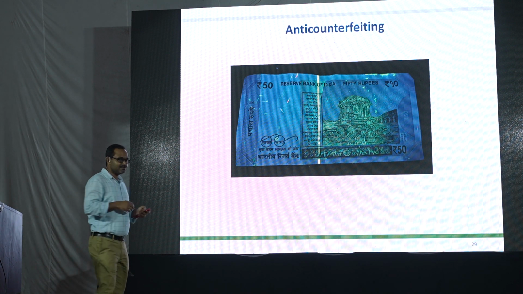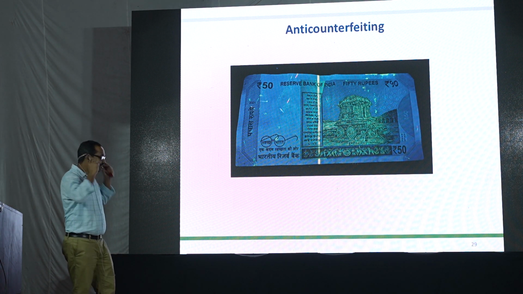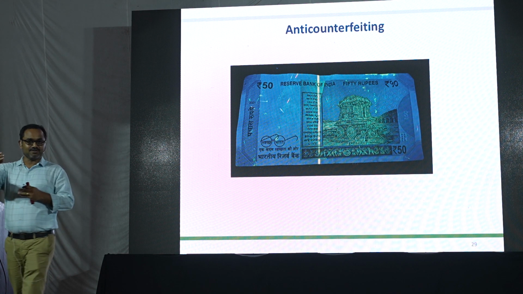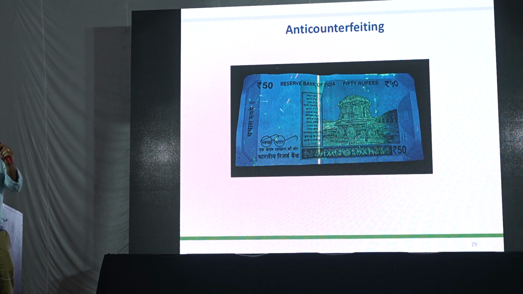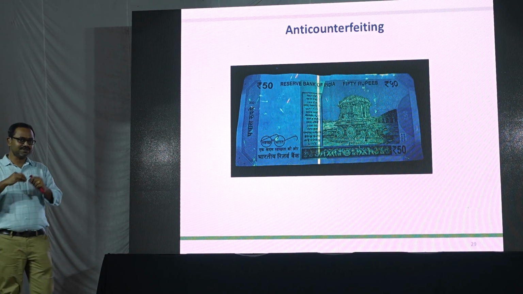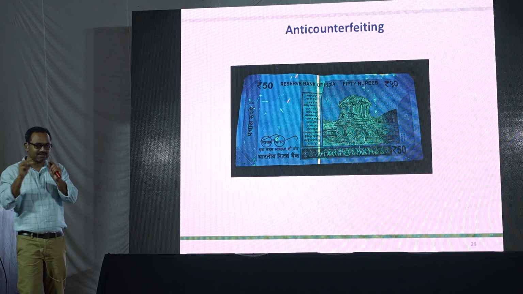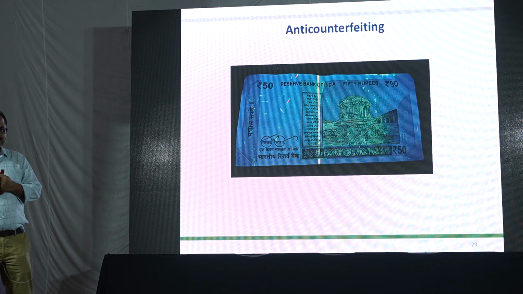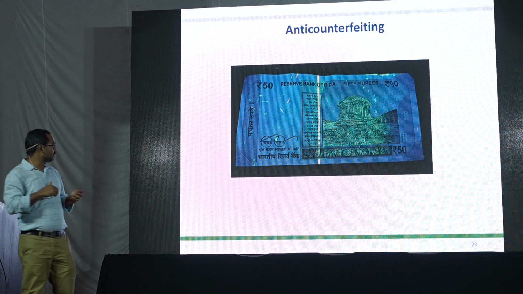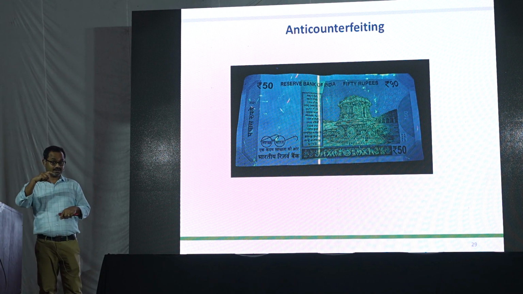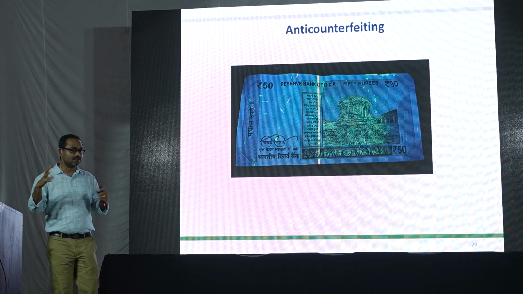Actually for this work I should thank Pradeep, because when I was doing my PhD with him, this idea was given by sir. We did a lot of things, but unfortunately there were no printing devices at that time, so we were not successful. So we thought, why don't we make our own secret codes on the currency.